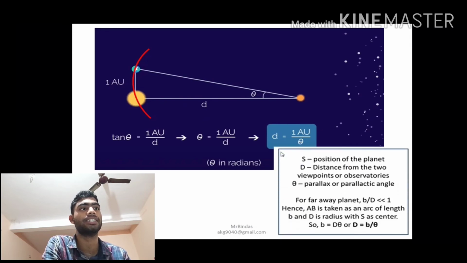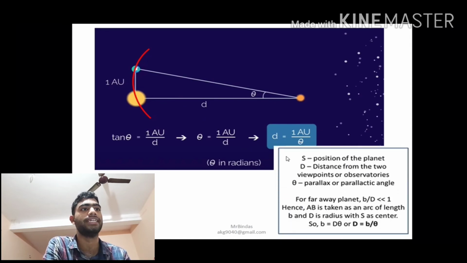So if we consider the position of the planet is S and the distance from the two viewpoints is d, the distance between the sun and earth is d, and the parallax angle is theta. For a very far planet, the distance between the earth and sun behaves like an arc.